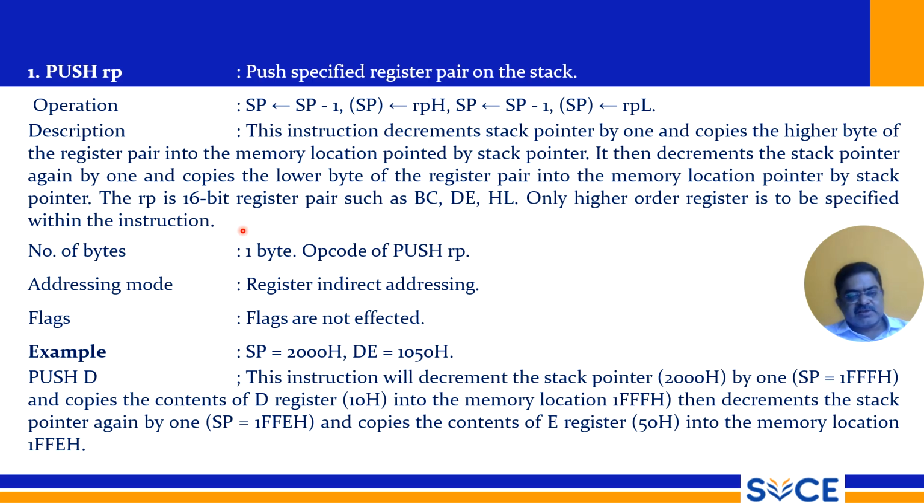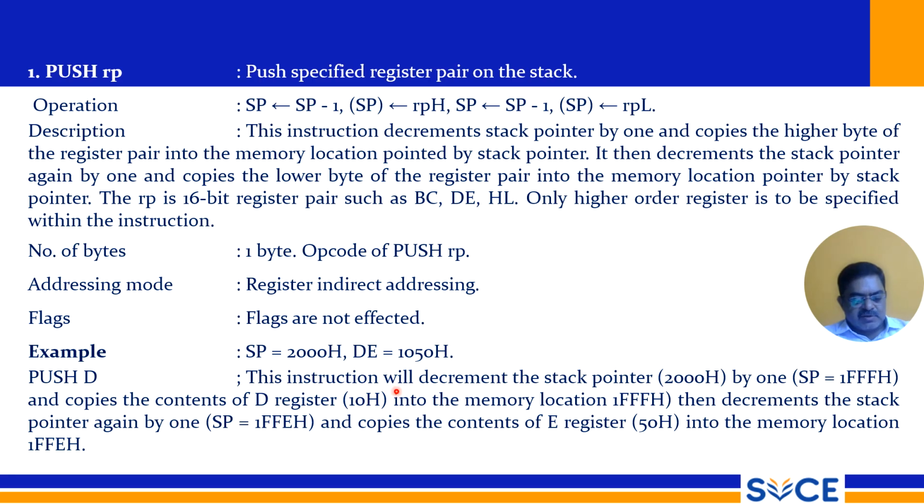The RP is a 16-bit register pair such as BC, DE, HL, and the higher order register is to be specified within the instruction. It is a 1 byte instruction with register indirect addressing. Flags are not affected. For example, SP equal to 2000H and DE equal to 1050H.